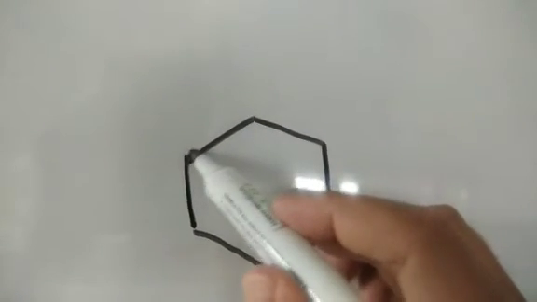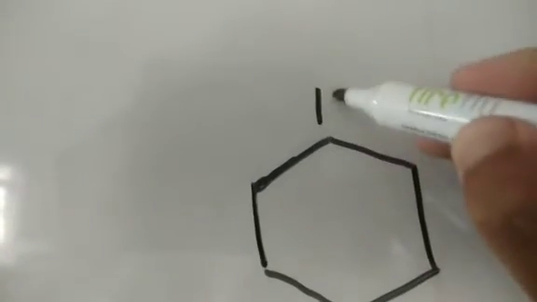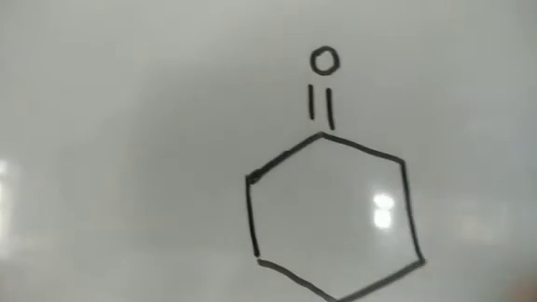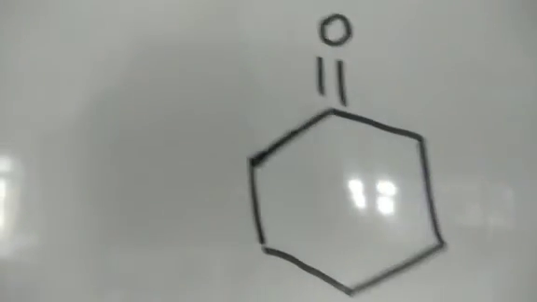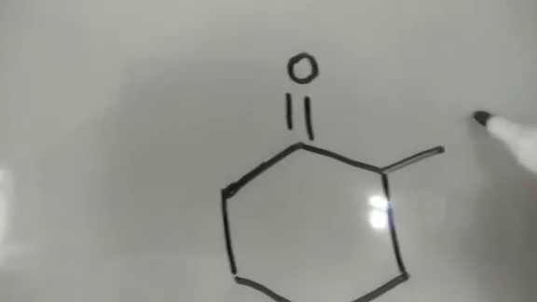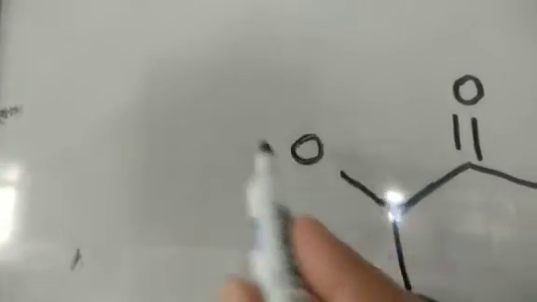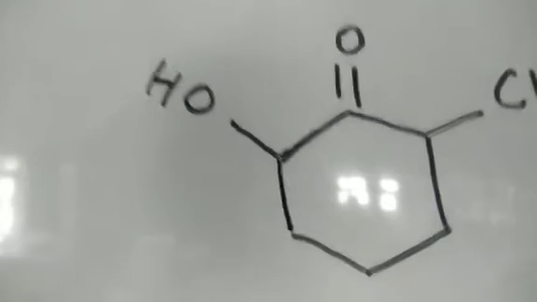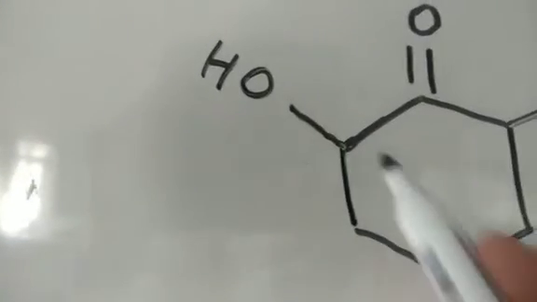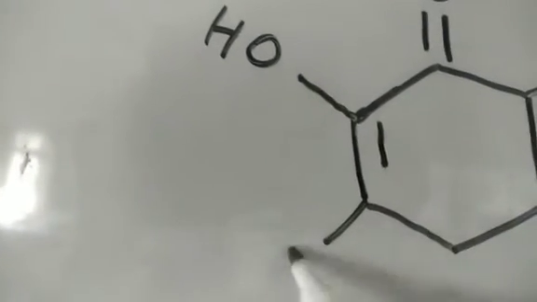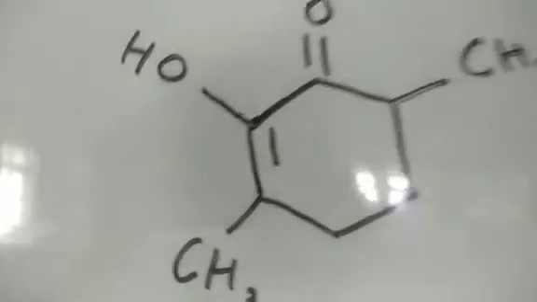Please forgive me, I'm drawing a little bit rough type of diagram. 6-membered ring, then we have a carbonyl group here. Fine. Then we have a methyl group here, an alkyl group. And then at this position we have an OH group present. Then we have an unsaturation, there's another CH3 alkyl group. So this is the compound.